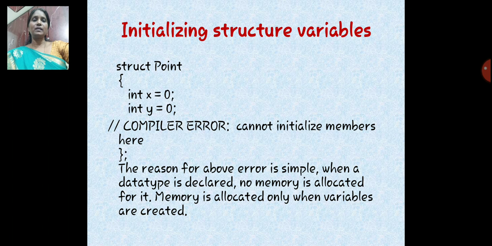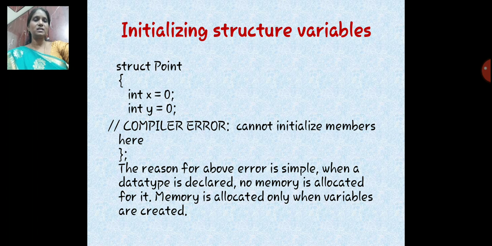But an array and data inside a structure cannot be initialized like that. See in this line, the structure point is having two integers, int x and int y. Int x, when it is initialized inside the structure, will give a compilation error.